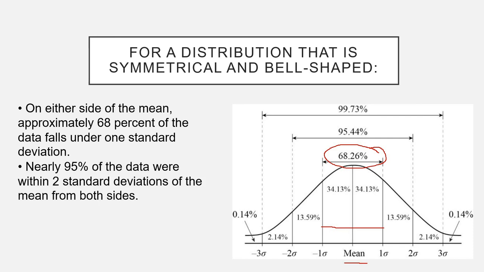Nearly 95% of the data are within two standard deviations of the mean on both sides.